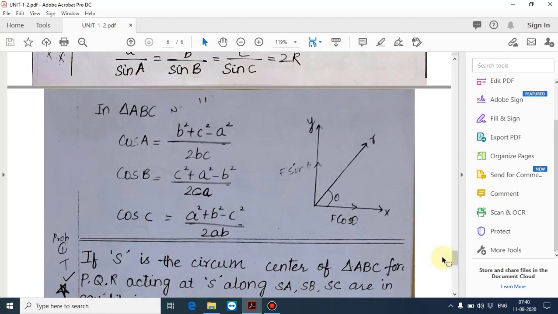In triangle ABC, cos A is equal to b square plus c square minus a square divided by 2bc, cos B is equal to c square plus a square minus b square divided by 2ca, and cos C is equal to a square plus b square minus c square divided by 2ab.